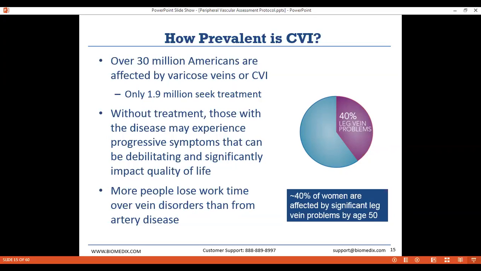Without treatment, those with the disease may experience progressive symptoms that can affect their quality of life. And in fact, more people lose work time over venous disorders than from artery disorders. Just another way of looking at the data to show that this is a very common, very prevalent illness. About 40% of American women are affected by serious leg vein problems before the age of 50.